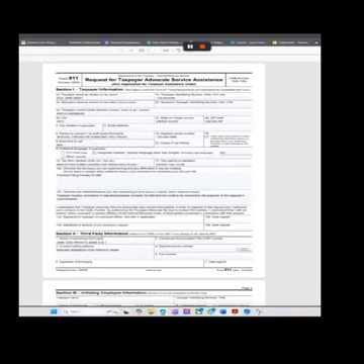Taxpayer identifying number, enter your social, enter your address. Don't do nothing funny. Don't add non-domestic without the United States. None of that is necessary. City, state, zip. If you have a fax number, enter a fax number so you can get a response quicker, okay? Email address, enter an email if you feel comfortable doing so.